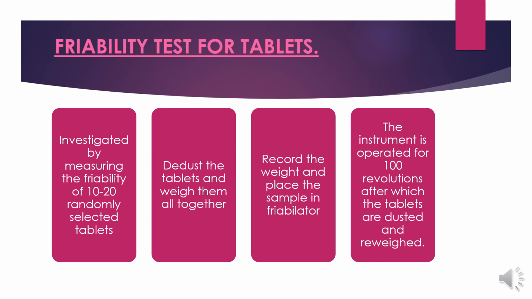You take the sample, remove any dust if it is available, weigh them, record that weight, and place your sample in the instrument. After this operation, either for 100 revolutions or for 4 minutes, you have to remove your tablets from the instrument and again reweigh them and record the weight.